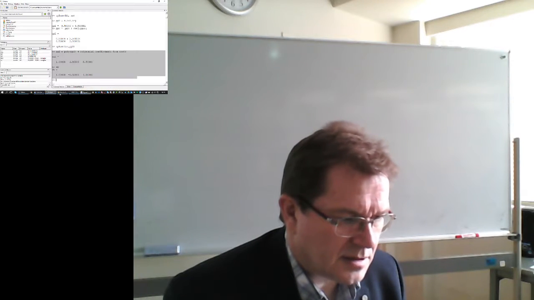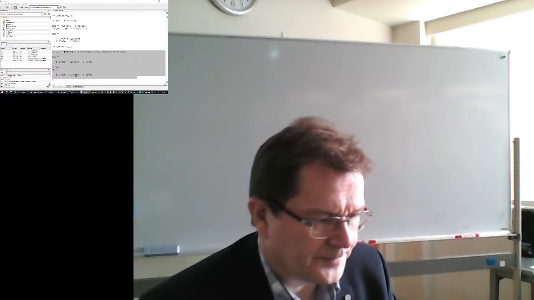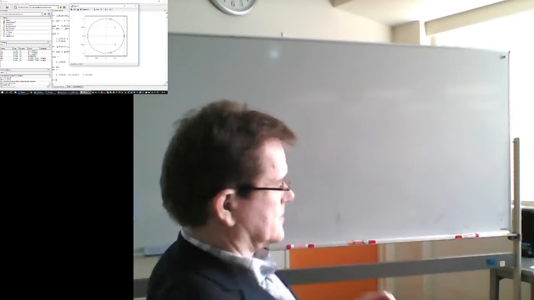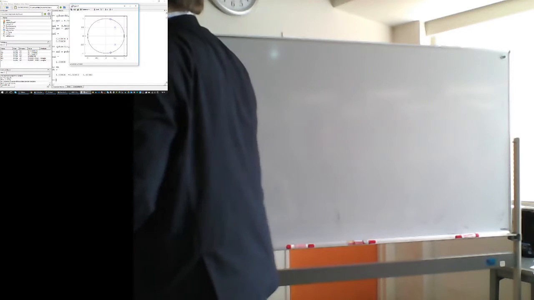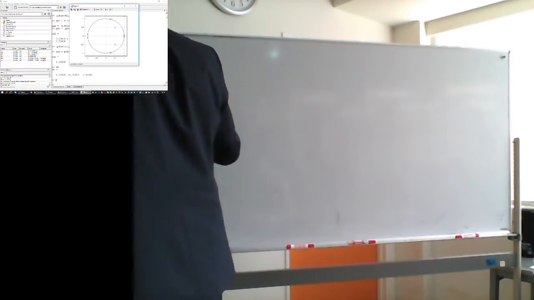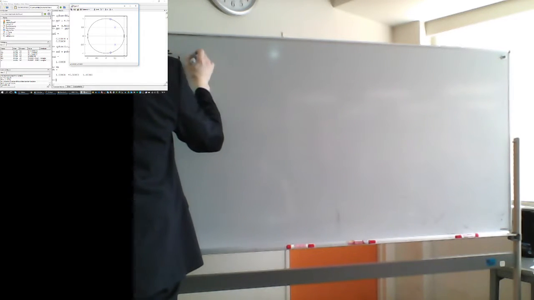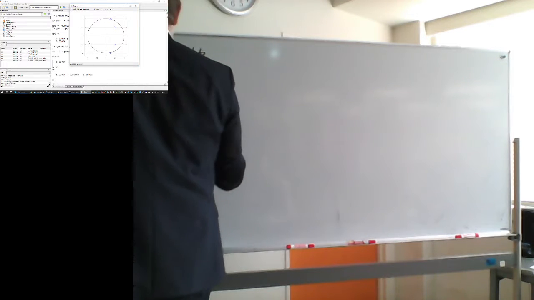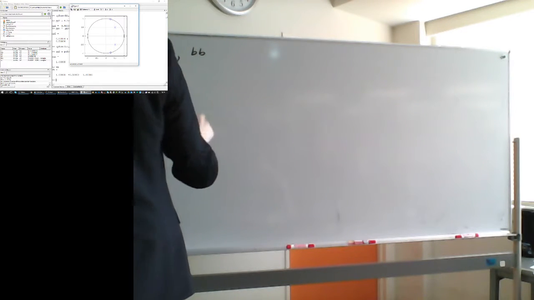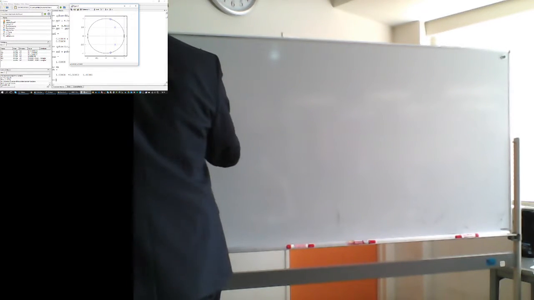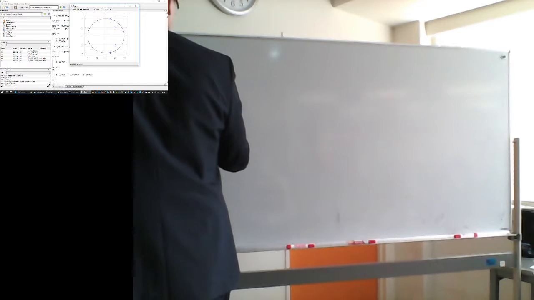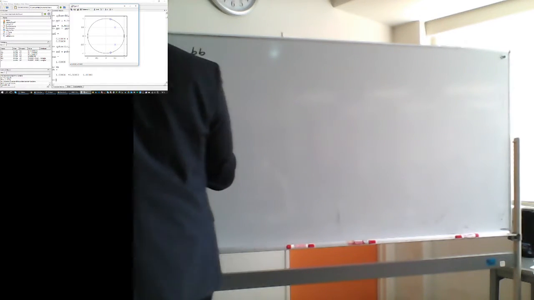All right. So now we have the system coefficients. We know A and B, or actually AA2 and BB.